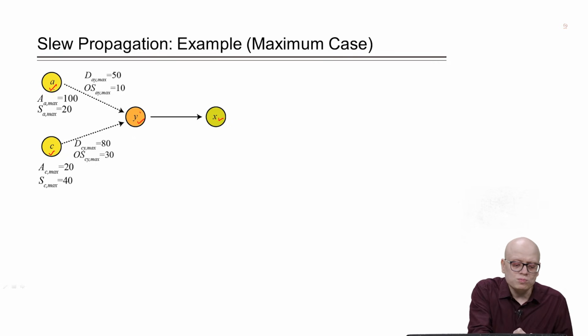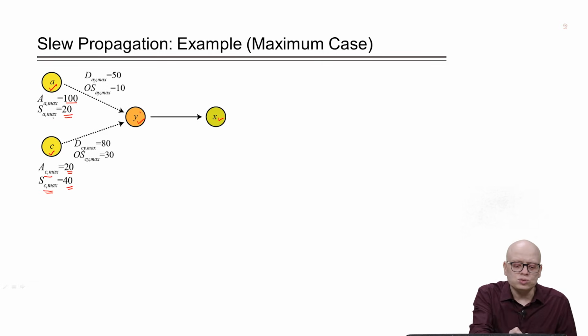Now, let us assume that the maximum arrival time at the vertex A is 100, maximum arrival time at the vertex C is 20, right, and the input slew at the vertex A is 20 and the input slew at the vertex C is 40, right.